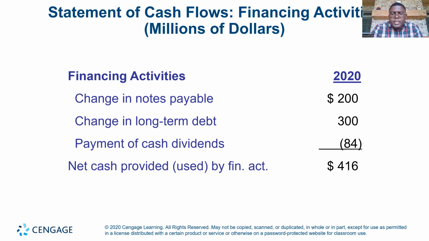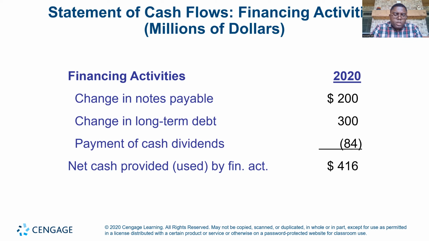So the change in notes payable plus the change in long-term debt minus the payment of cash dividend. That will leave us with the net cash provided or used by financing activity. So we have a net cash flow from financing activity, which is positive.